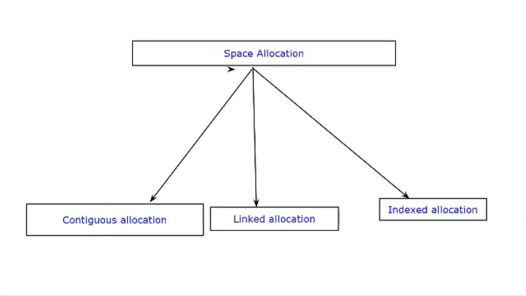In contiguous allocation, each file occupies a continuous address space on disk. Assigned disk addresses are in linear order, easy to implement. External fragmentation is a major issue with this type of allocation technique.